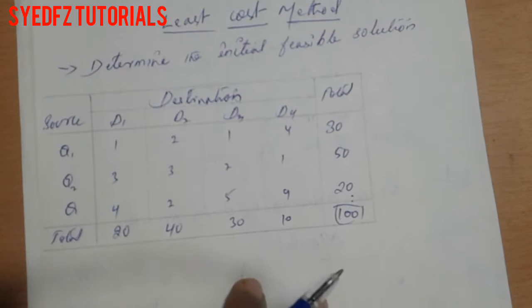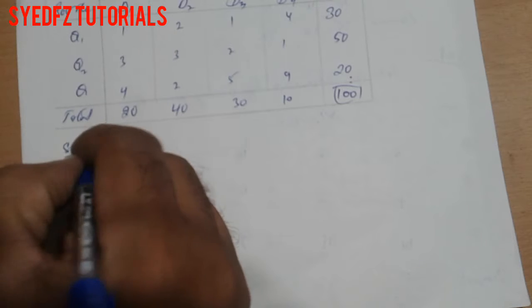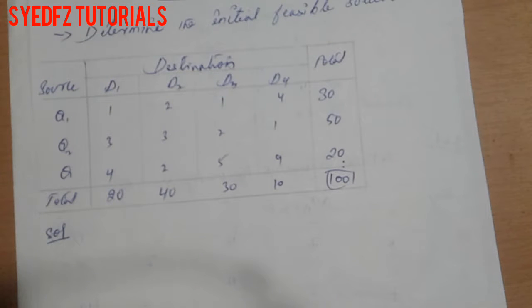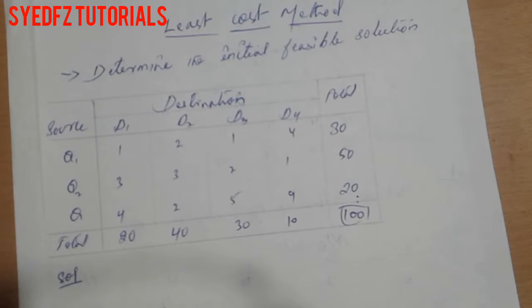So now let's start the problem. Solution. First, we have to allocate the demand and supply, but in the least cost method, we have to see which is the minimum.